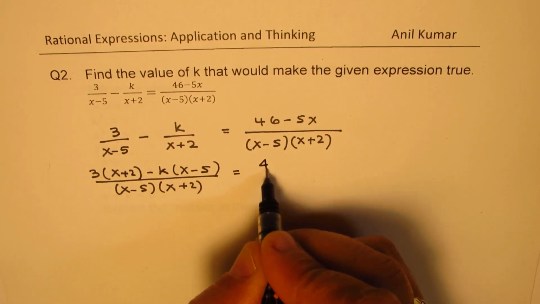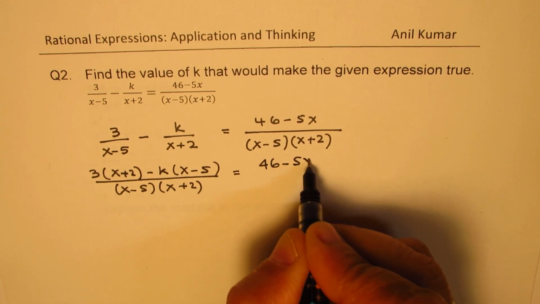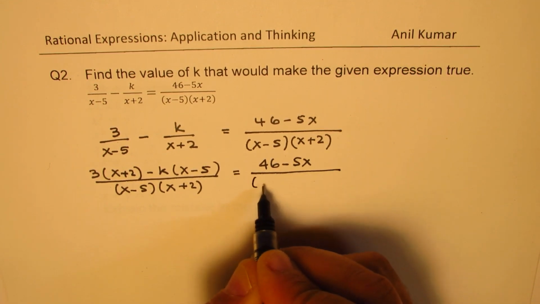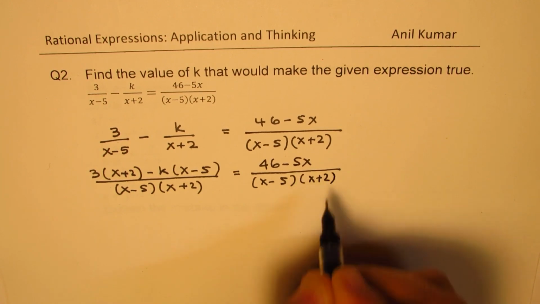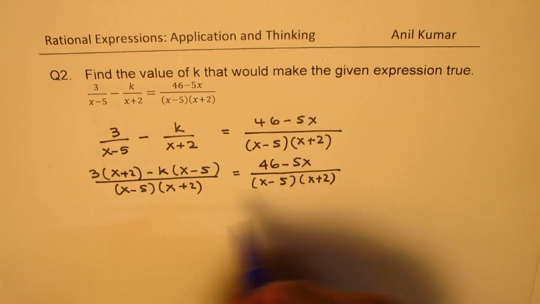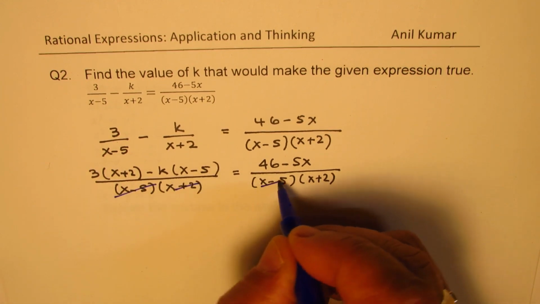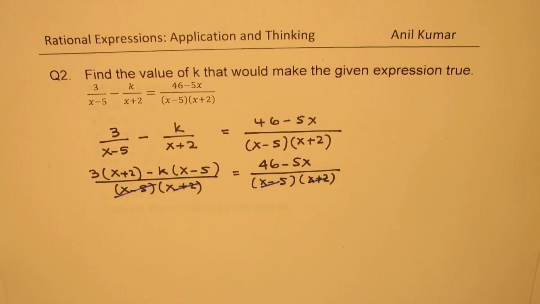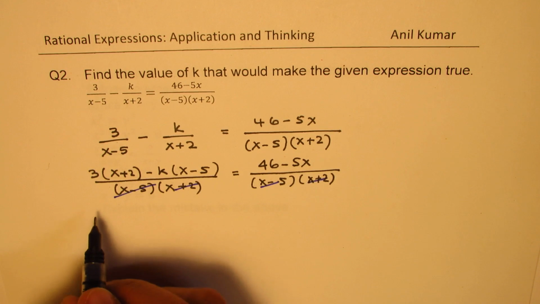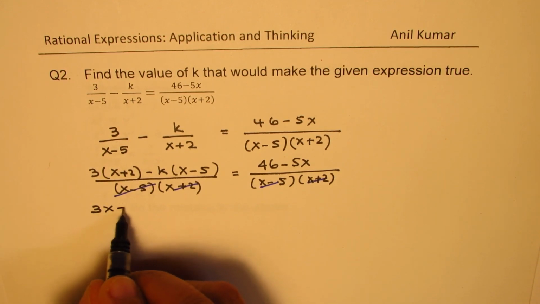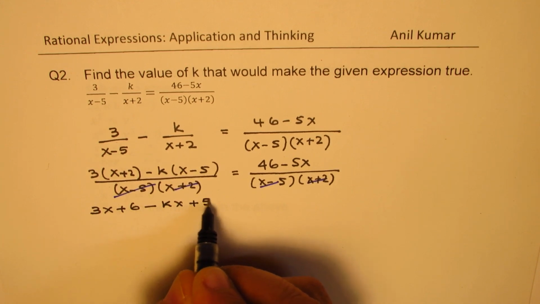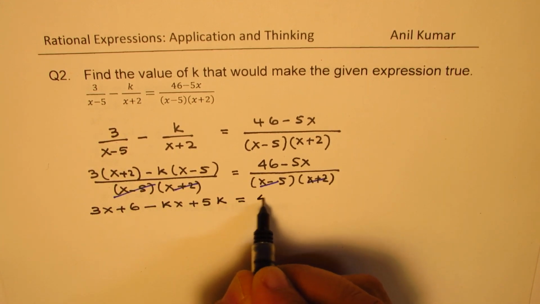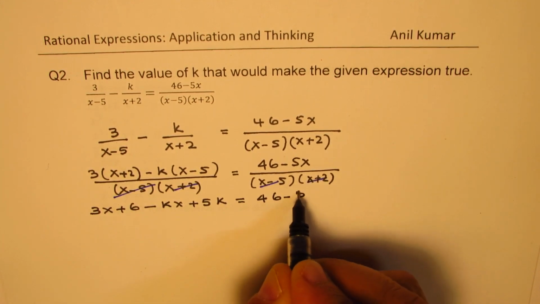And here we have 46 minus 5x over x minus 5 times x plus 2. Now, since these denominators are same, we can cancel them and equate the numerators. So let us expand it. So we have 3x plus 6 minus kx plus 5k equals to 46 minus 5x.